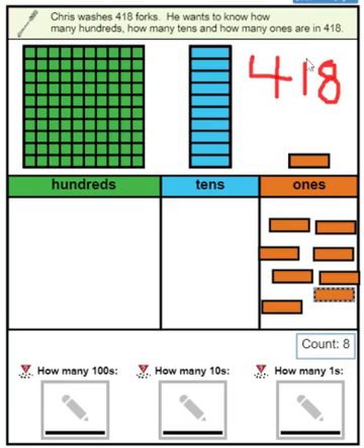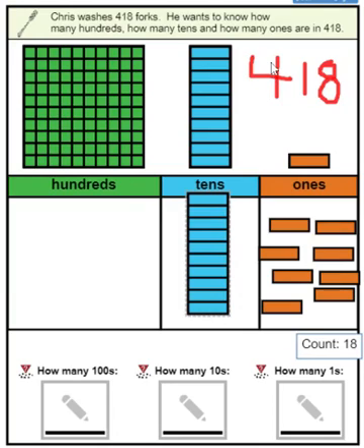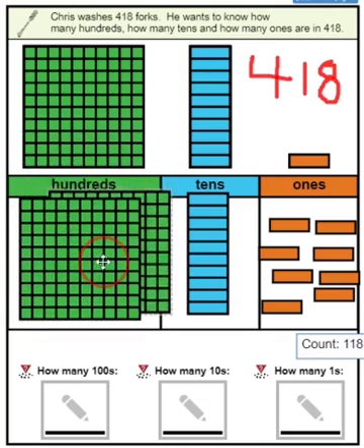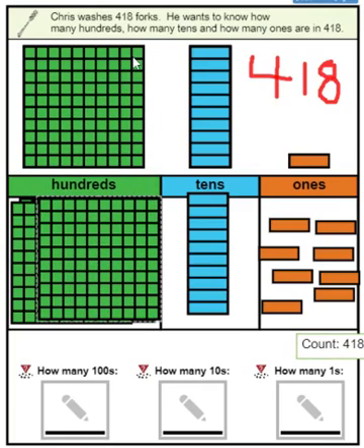Then looking right here in the middle of the tens, I have 1 ten. If I look all the way to the left, I have 4 hundreds. 1, 2, 3, 4. So that's 418.